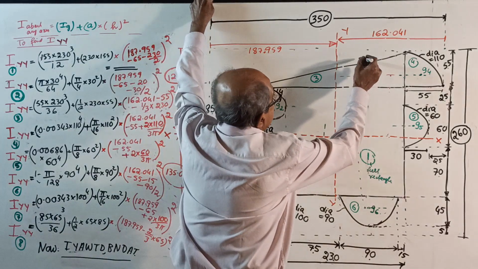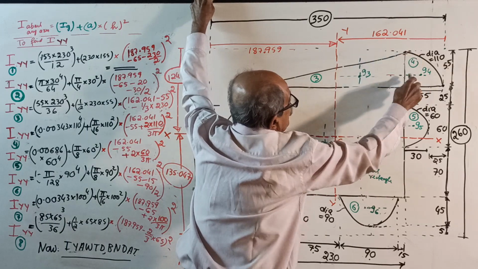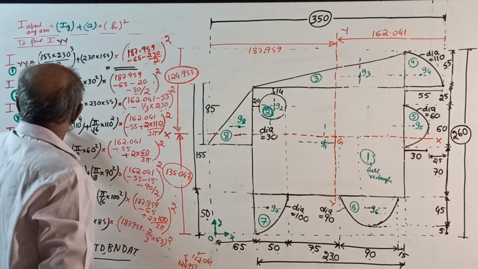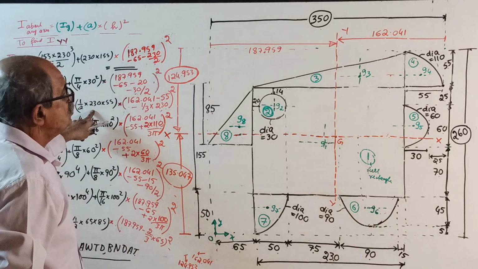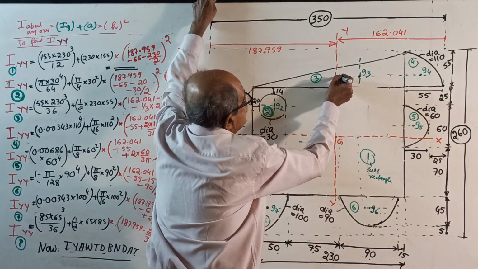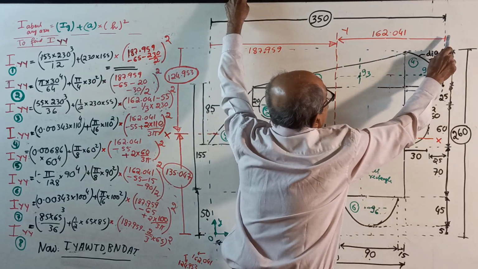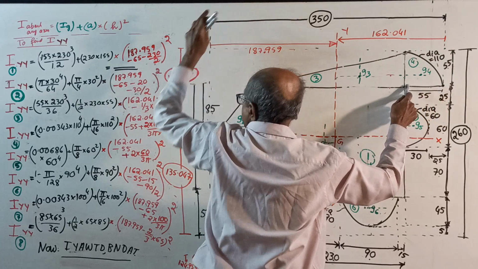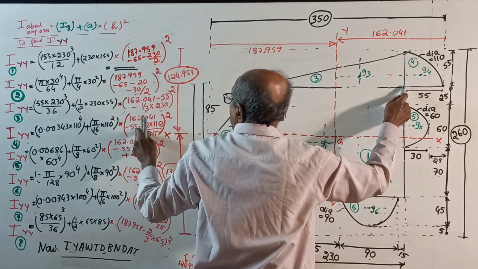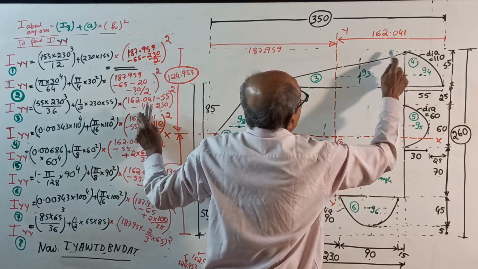I about its own centroidal axis. Parallel side 55: 55 into 230 cubed by 36 plus half into 230 into 55 area into, see, this distance squared. This distance is 162.041 minus 55. 55, where is it? Here. Fourth, which one? Third one, correct.